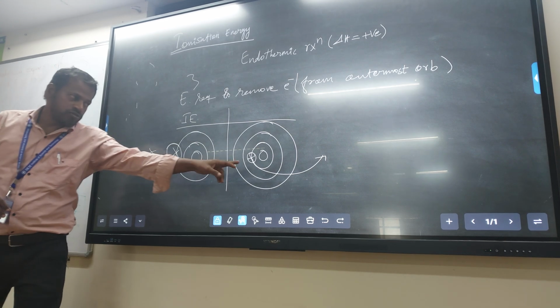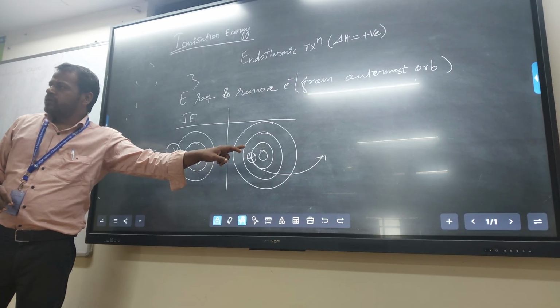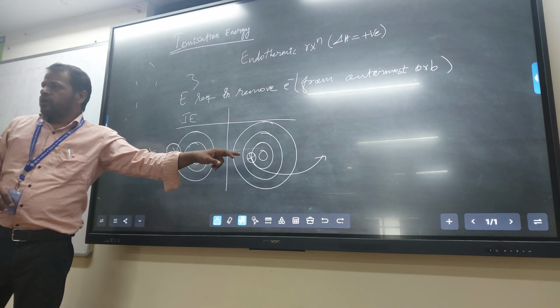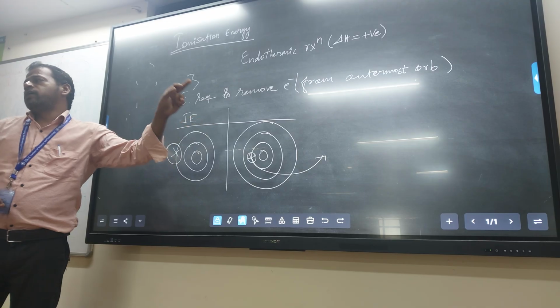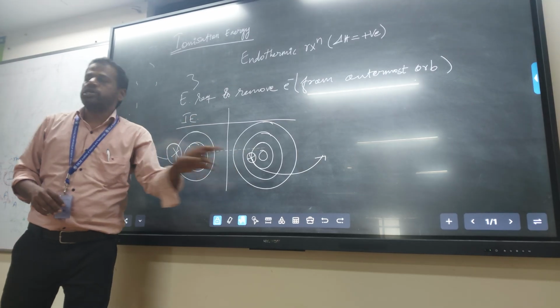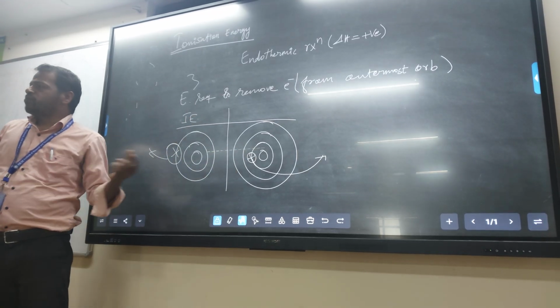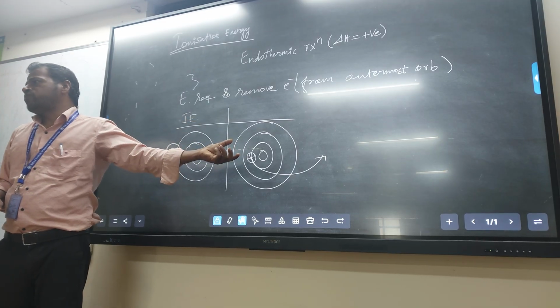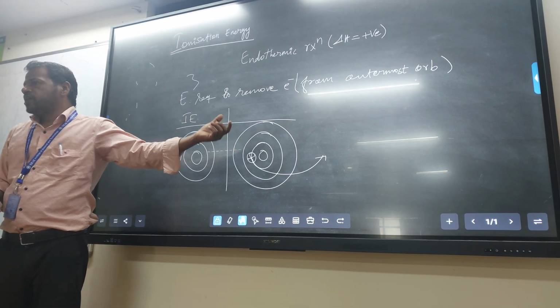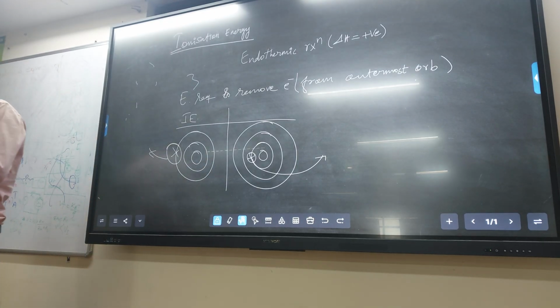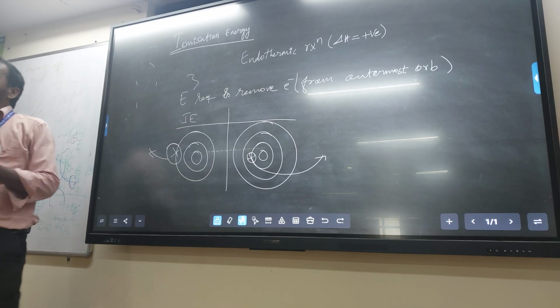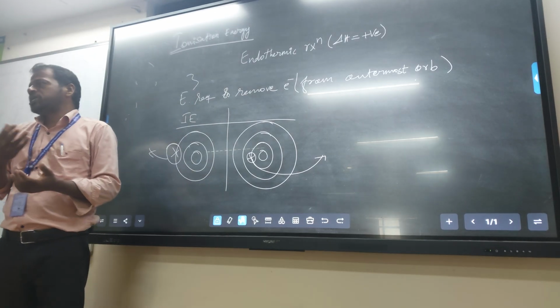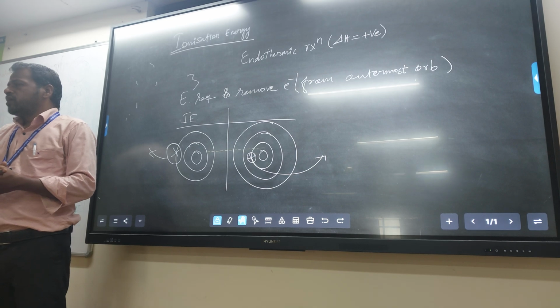This process is also possible because in research we do the removal of electrons from the inner shell only, not from the outer shell, because here we get a lot of information. That energy is called binding energy. Binding energy means removing the electron from the inner shell, the K shell.